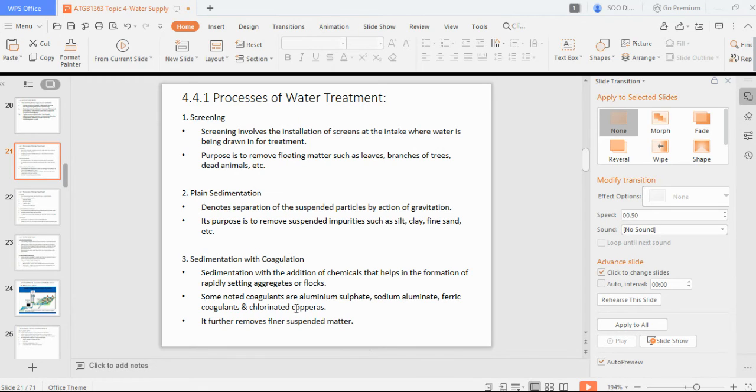With the use of chemicals, we ensure that all of them are removed, by binding into a heavier matter that sinks down through the water. So by use of chemicals, this fine material is combined together and dropped, letting it sink down in the water.